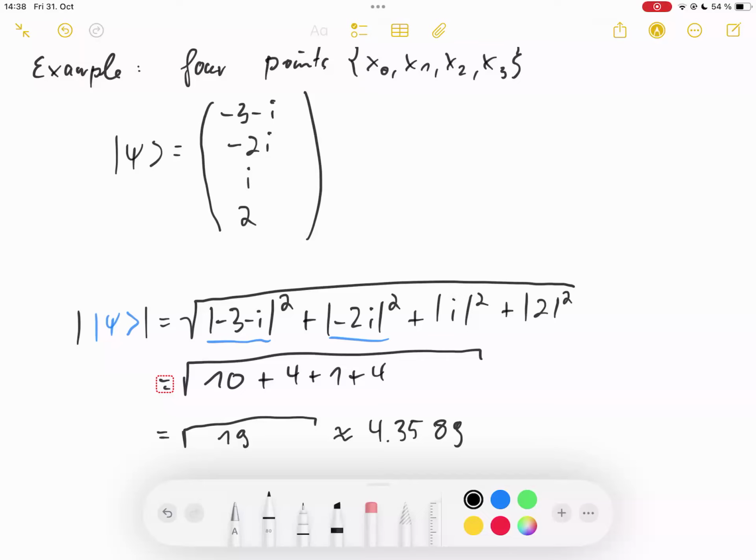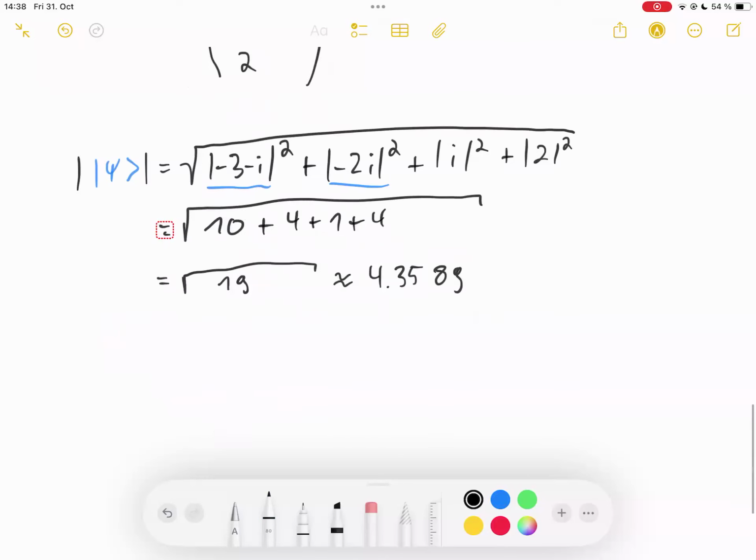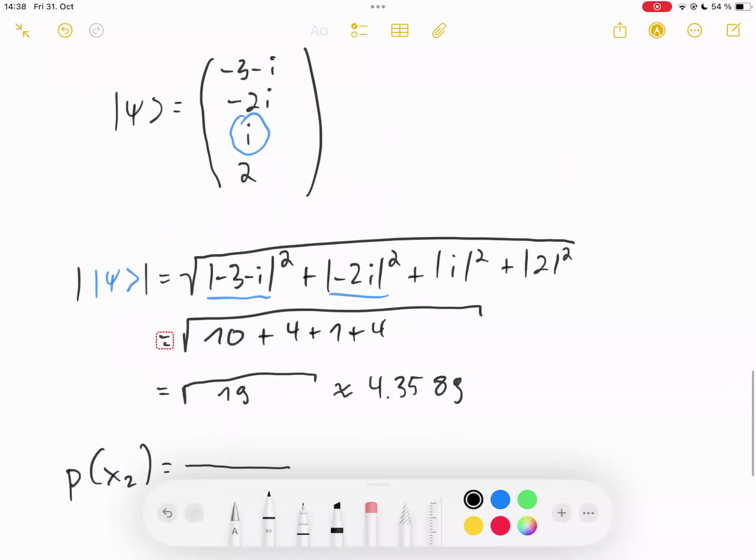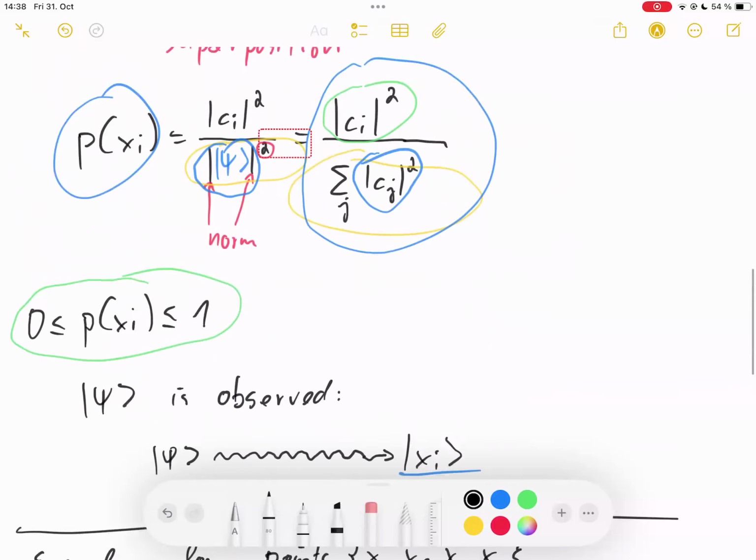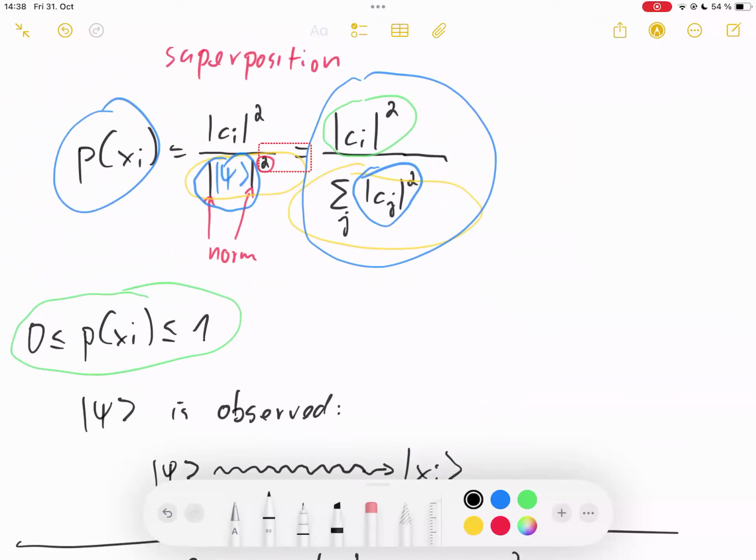And what I want to know now is what's the probability of detecting the particle in x2 after measurement. So what I want to know is P of x2. And eventually, what I need to do is just use this formula here.